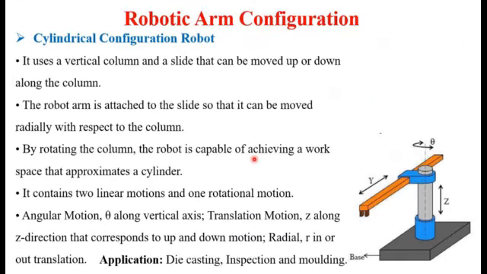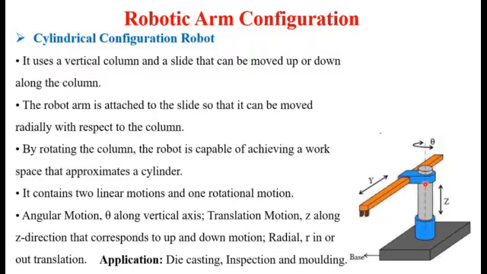The second type is the cylindrical configuration robot. It uses a vertical column and a slide that can be moved up or down along the column. This slide is placed on a cylindrical base, and it will move up and down along the z direction.